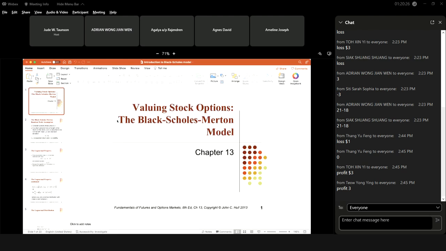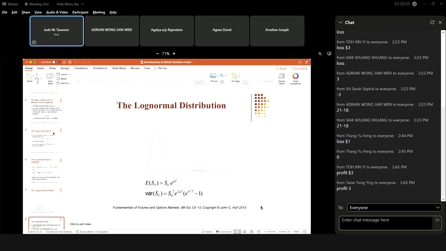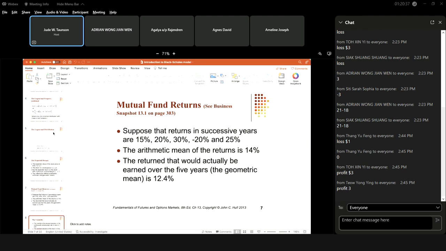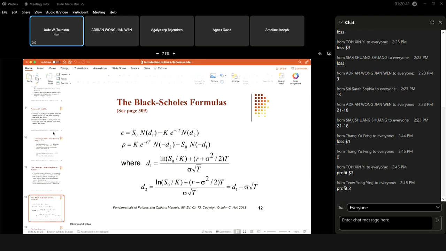Okay, this is the Black-Scholes-Merton model. This is the assumption, right? Expected return, volatility. Okay, this is the formula D1. So basically, we are going to use this formula.